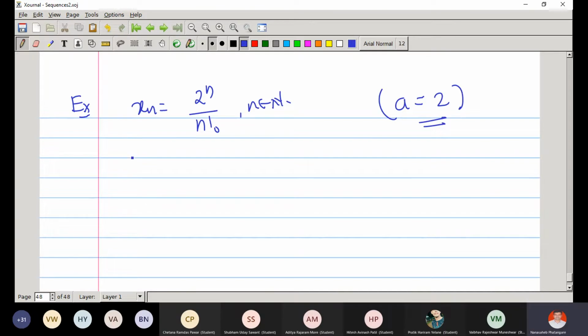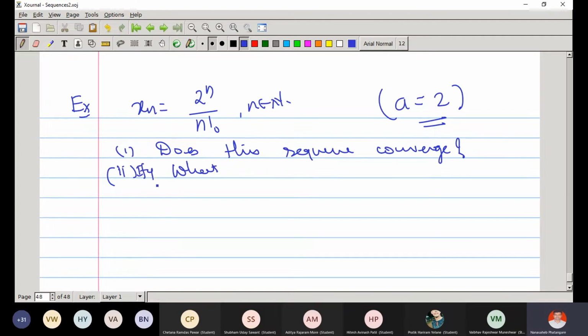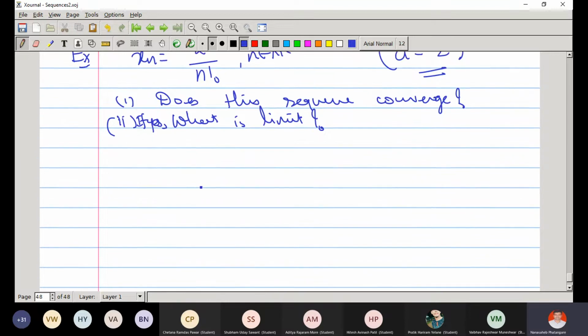Then does this sequence converge? And the second question is what is the limit?